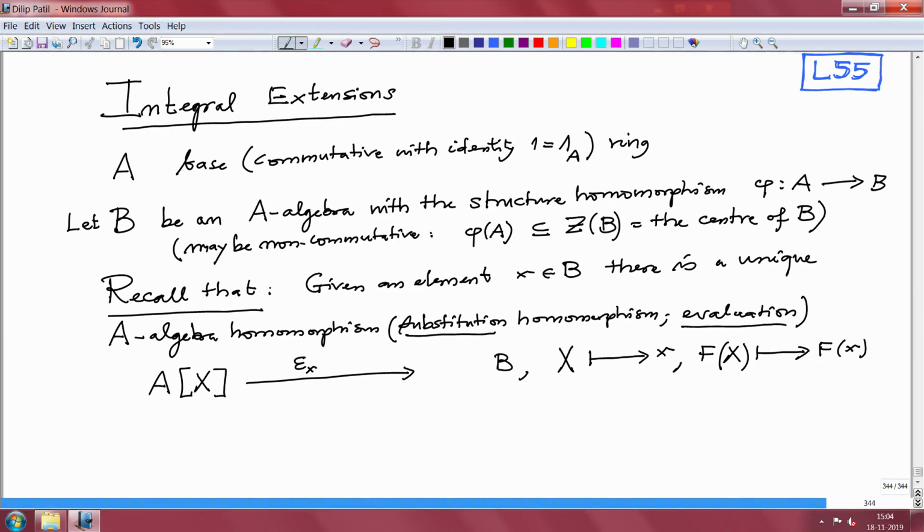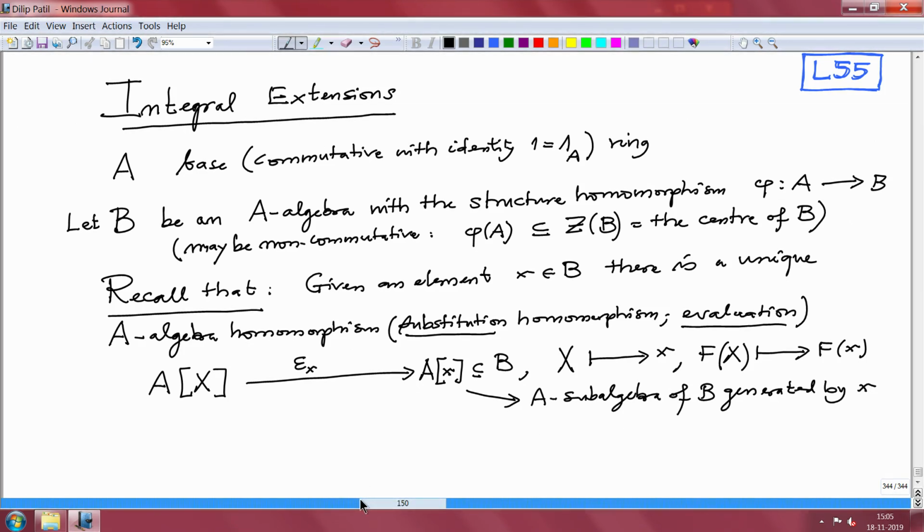We have seen earlier also that the image of this map is precisely the A subalgebra of B generated by that element x. Now we will look at the kernel of E_x. The image we know.